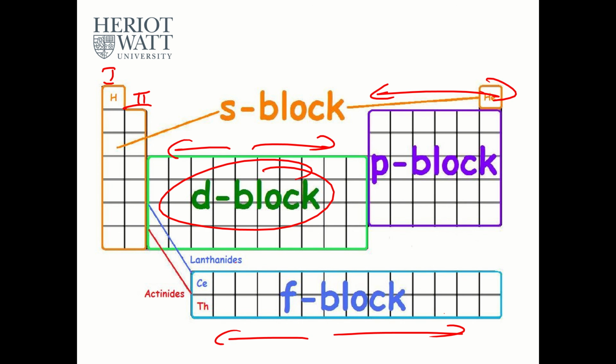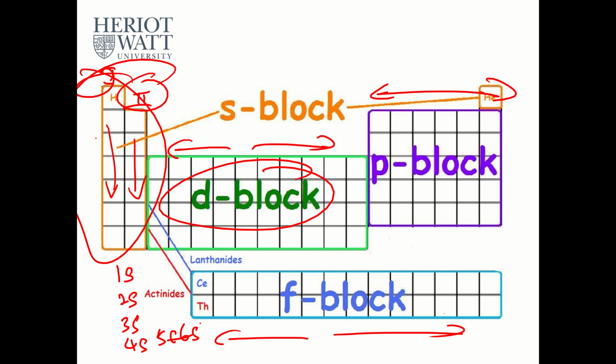So S block means group 1 and 2. No matter how many electrons it has, whatever elements in it, they will always end at the S orbital. It can be 1s, 2s, 3s, 4s, 5s, 6s, whatever. So the last orbital is always S. Therefore, they put it as S block.